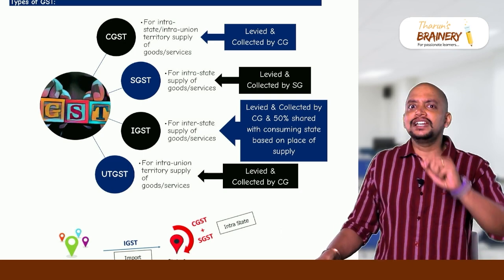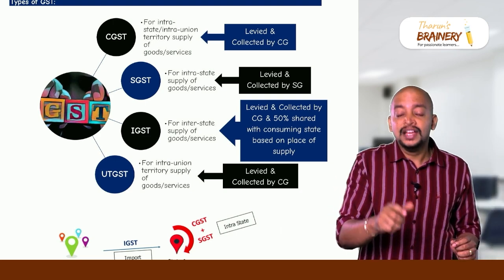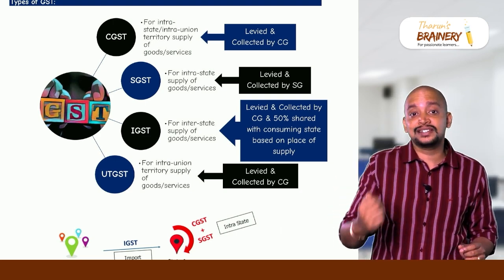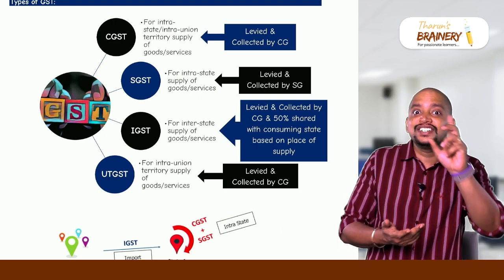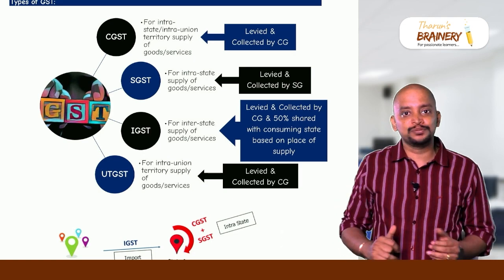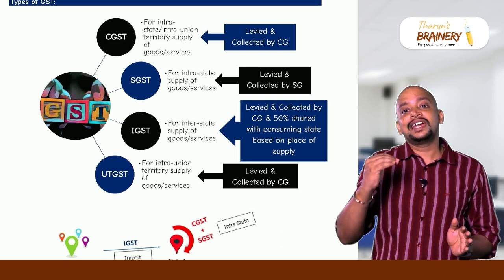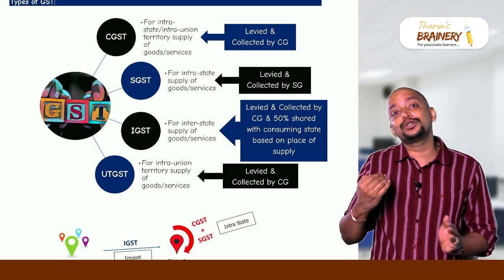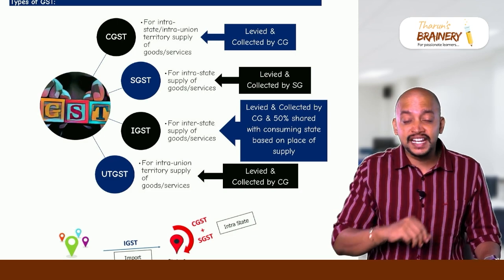We already learned that. CST, even though levied by the central government, was collected and retained by the state government. Which state government? The originating state. What is the originating state in this example? Tamil Nadu. So for goods manufactured in Tamil Nadu, the entire CST was going to Tamil Nadu only. So the originating state was getting the benefit.